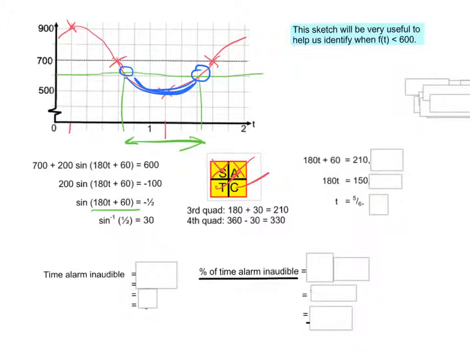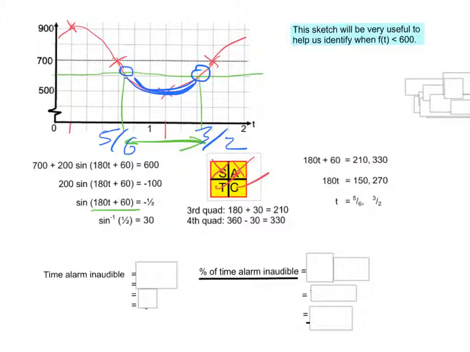Same with the second solution, the one in the fourth quadrant. So 330, I will need to take away the 60 and then divide by the 180 and give me that. So I have identified that that happens 5 over 6 and 3 over 2.